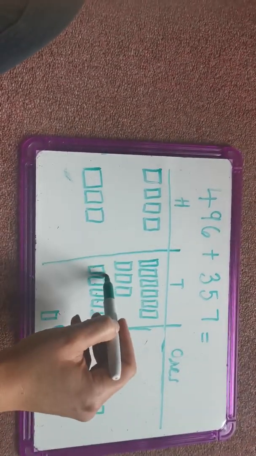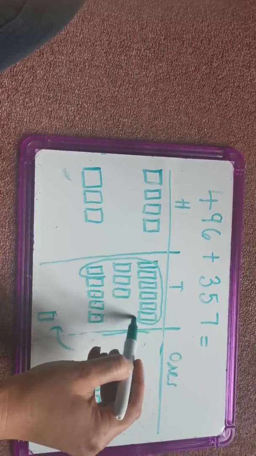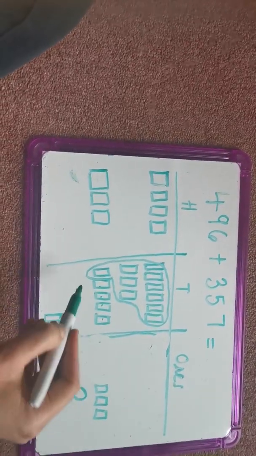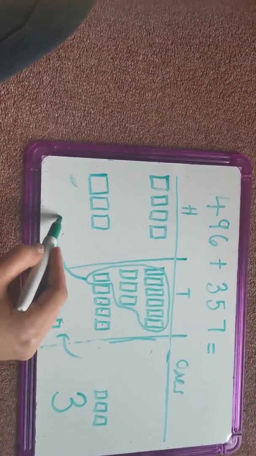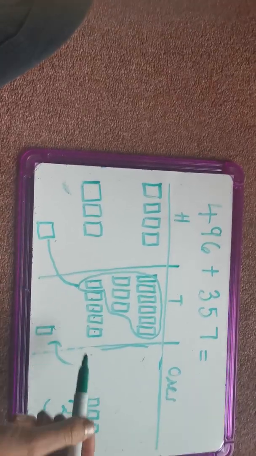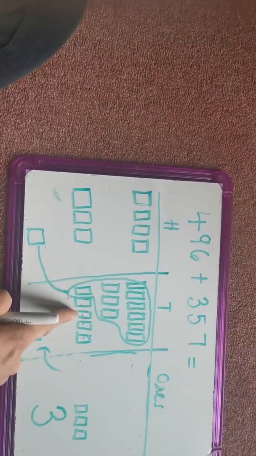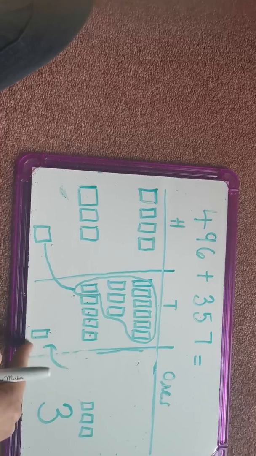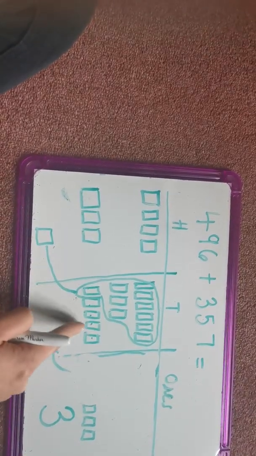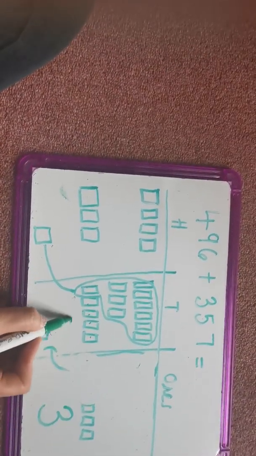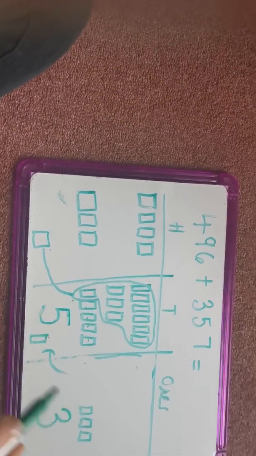So I've got 9 up here, so 9 and 1 makes 10. So I'm going to regroup those and they're going to become 100. I'm now left with 1, 2, 3, 4, 5 10s, 10, 20, 30, 40, 50. So I put a 5 here.